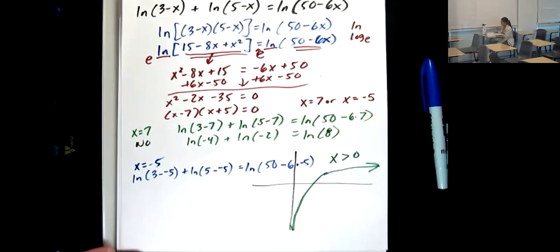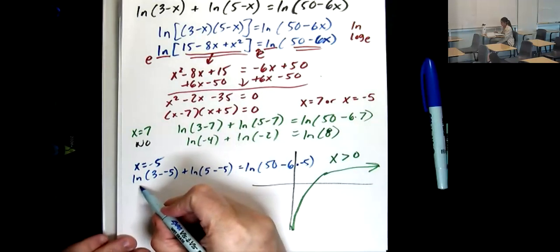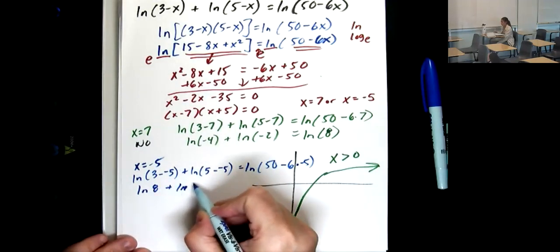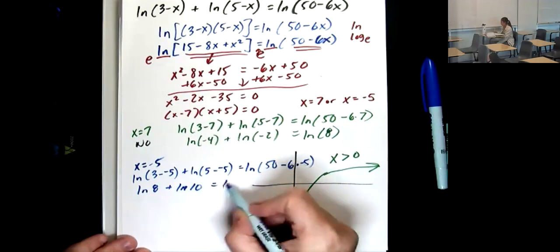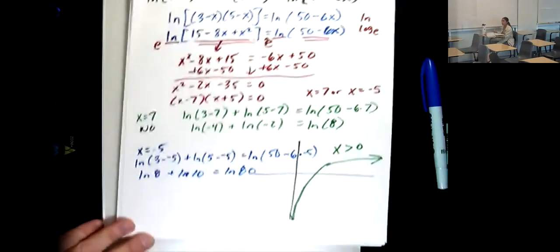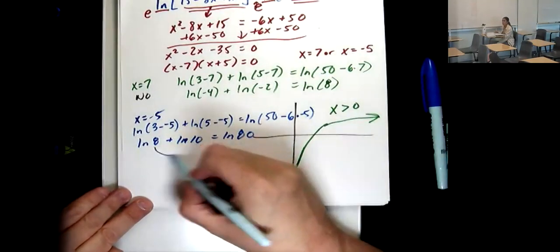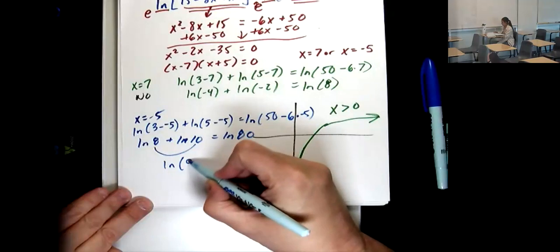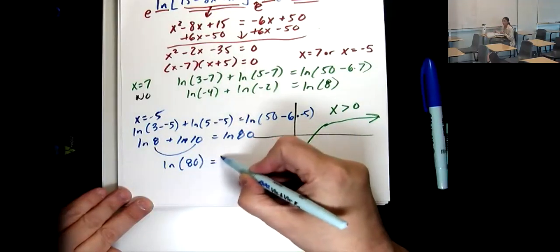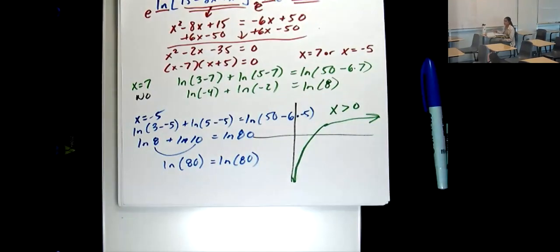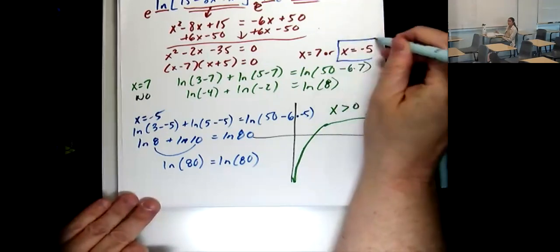This is ln of 8 plus ln of 10 equals ln of 80. Those work, because when we put these together, we get ln of 80, and I don't even know what that value is in the calculator, but they match already. And they don't violate the rules. Only x equals negative 5 is a valid solution.